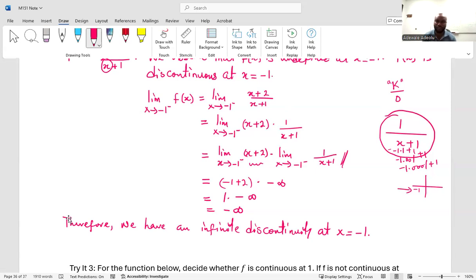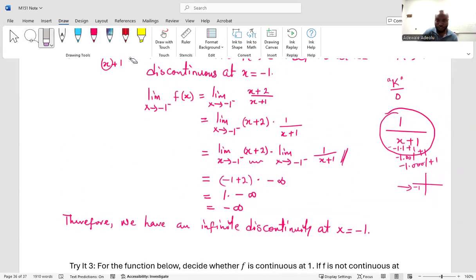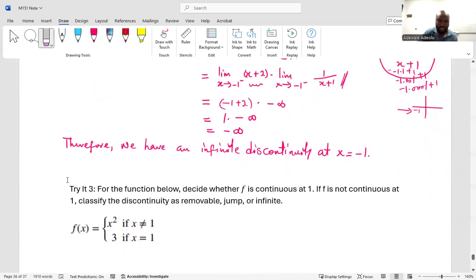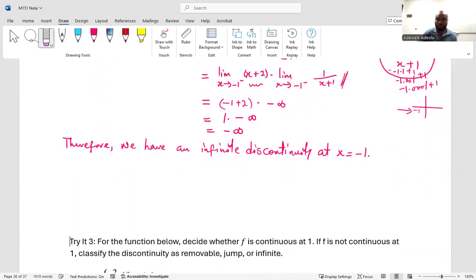You can still go ahead to see from the right. So for the sake of knowledge, let us just help you remember how to do the form k over 0.